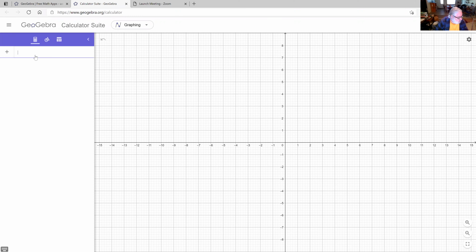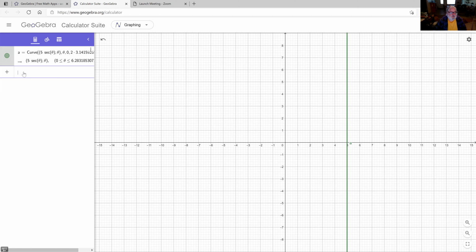GeoGebra allows you to plot polar things, but you have to be a little bit careful. If I want that first thing, r equals 5 secant theta, I can type in r equals 5 secant and then a parenthesis. To tell GeoGebra that you want to graph polar coordinates, you have to hit Alt-T. That gives you a theta, and that gives you the vertical line x equals 5, which is what we thought it would be.